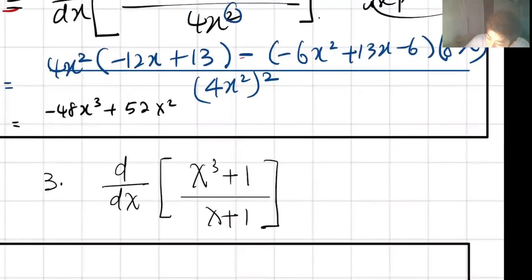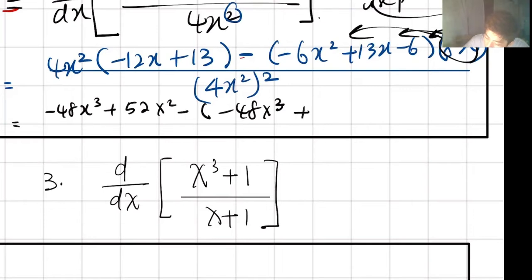I just multiply everything inside the bracket with 8x. Minus 48x cubed, plus 8x times 13x gives 104x squared, then 8x times minus 6 gives minus 48x.